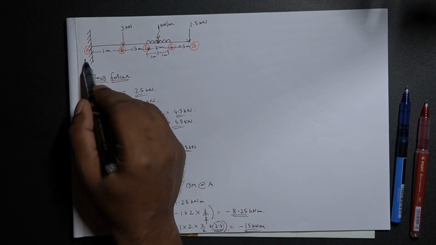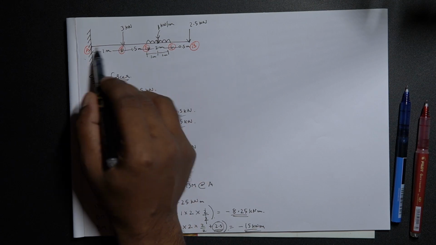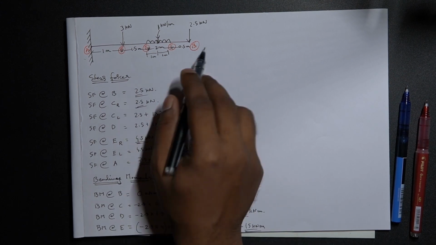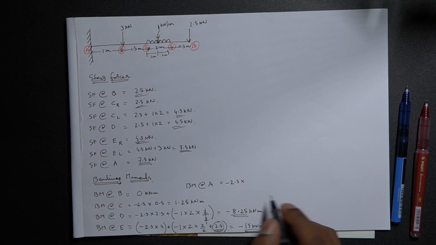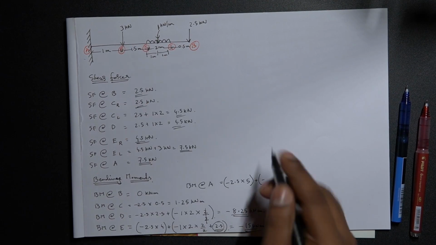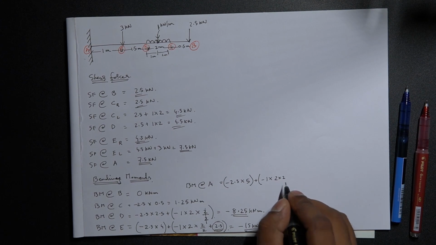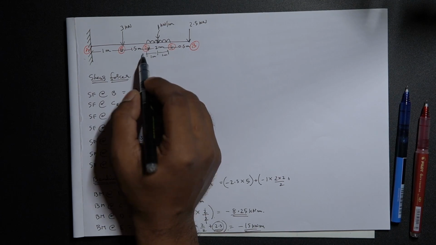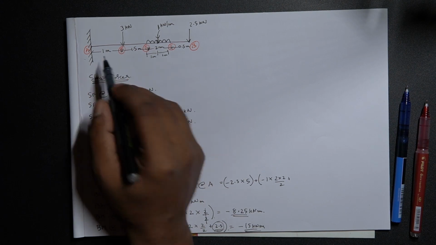So 2.5 times the total length up to point A, which is 1 plus 1.5, 2.5 plus 0.5, that is 3, 3 plus 2, 5, again minus. Plus, minus 1 kilonewton times WL square by 2, that is 2 into 2 by 2, plus we have the length 1 plus 1.5 plus another 1 over here.